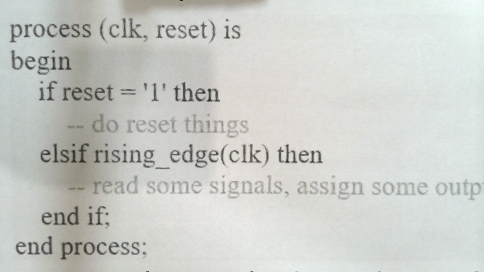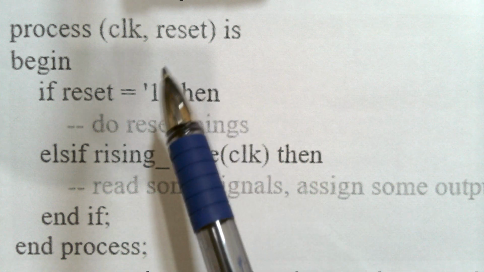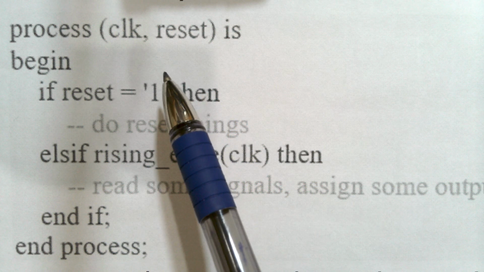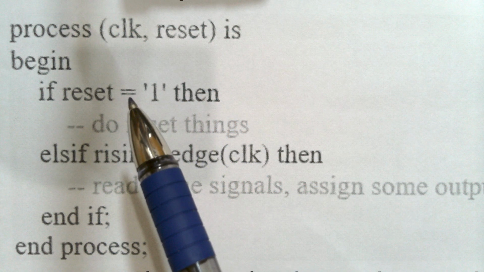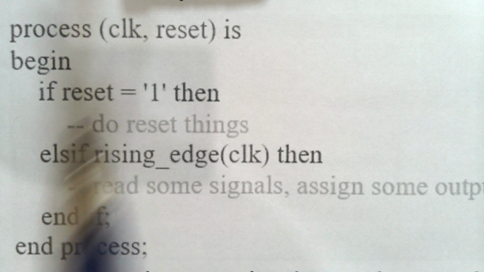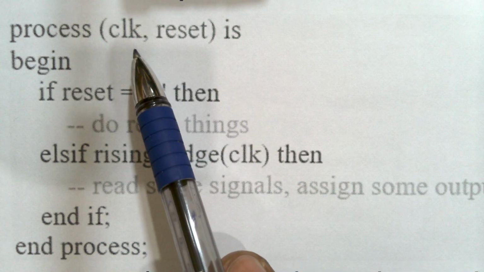So let's look at this other example, and this is of a register where the reset is not synchronized with the clock. So we have an asynchronous reset. Now in this case, the reset needs to be placed in the sensitivity list with CLK, which is the periodic clock waveform, right?